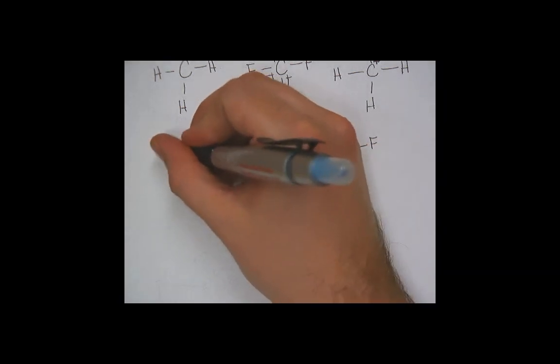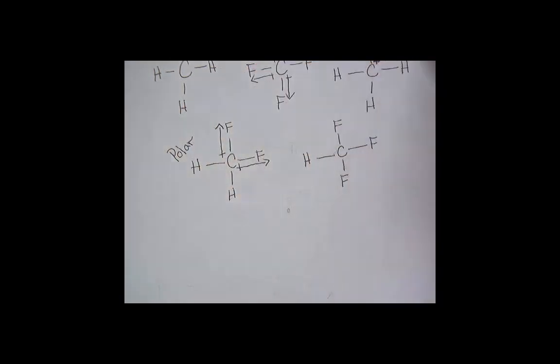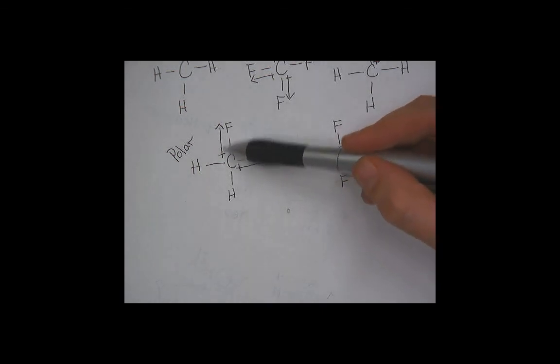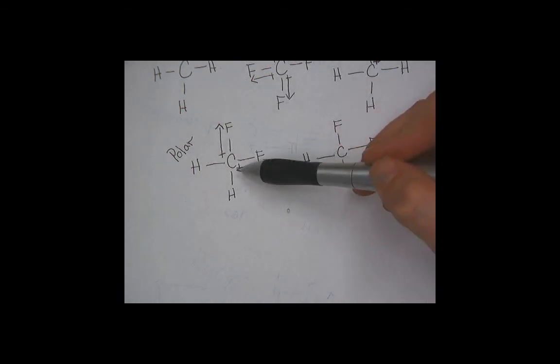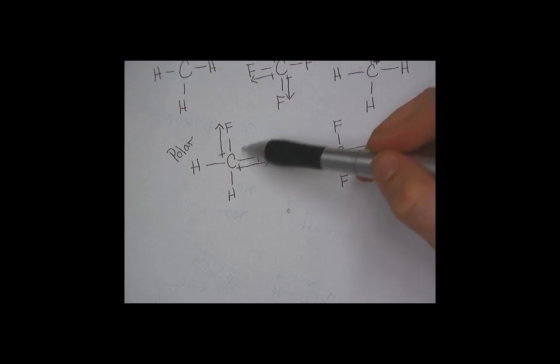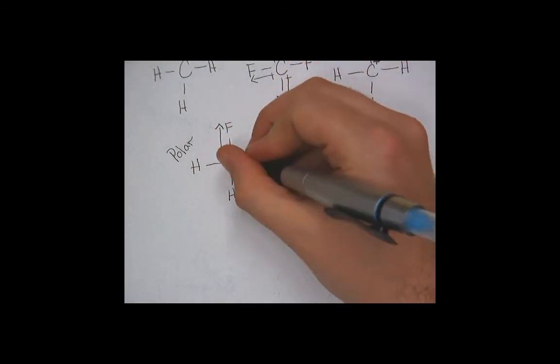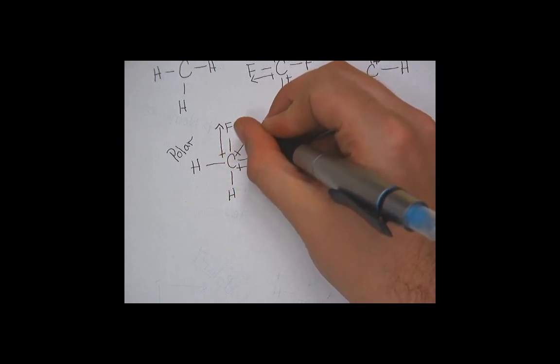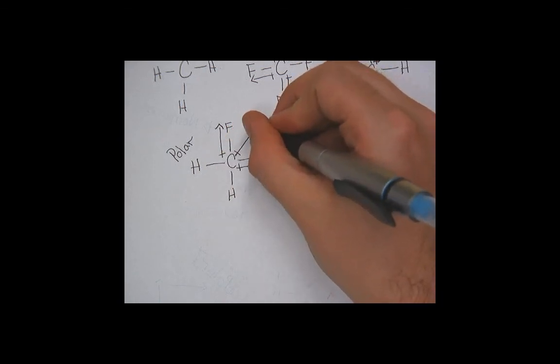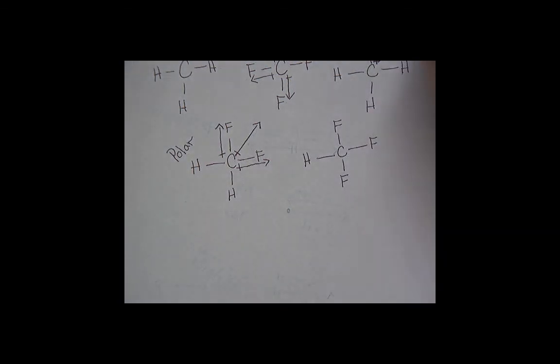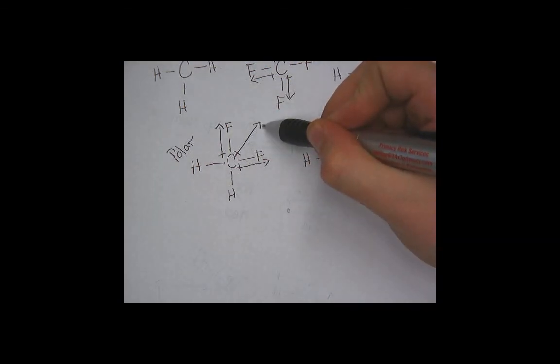So we would definitely call this molecule polar. And if you wanted to draw the net dipole moment, we know that if we have two moments at a right angle to each other, the net moment comes in between the two. So you still have a plus on the carbon, and the arrow comes in between the two fluorines to be the net dipole moment.